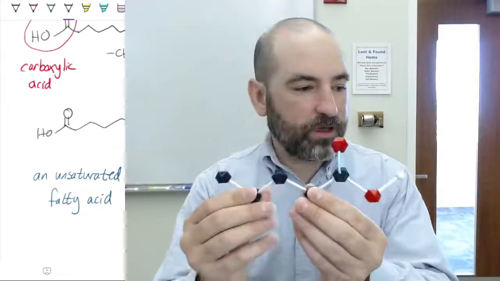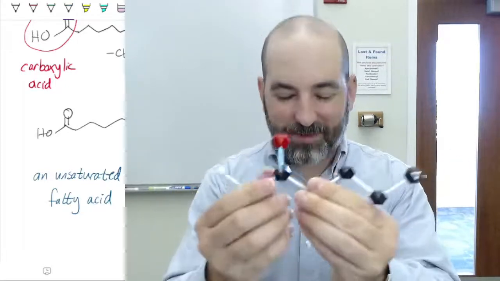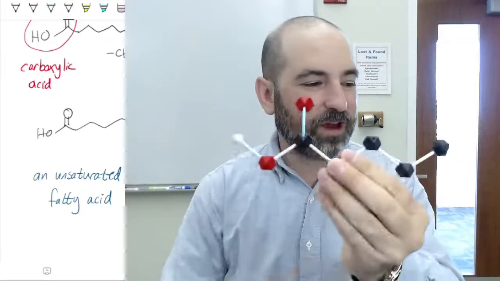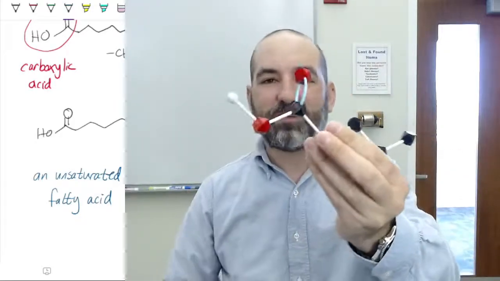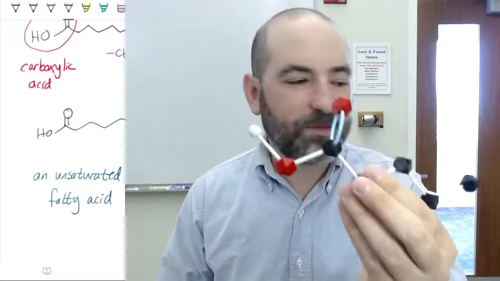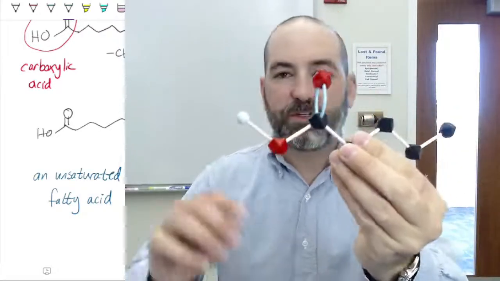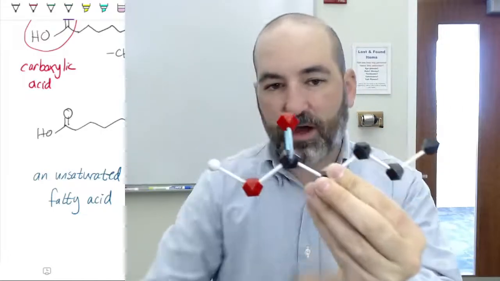I made some models here so we can see what that looks like. Here's the example of what I drew. I didn't make the chain quite as long. Fatty acids generally have anywhere from 12 to 20 carbons, but I didn't want to put that many pieces together. You can see the H, O, and then the double bond to oxygen, and so on.